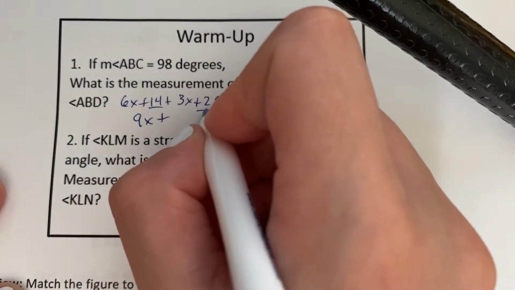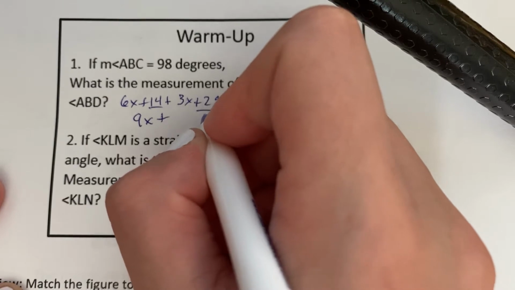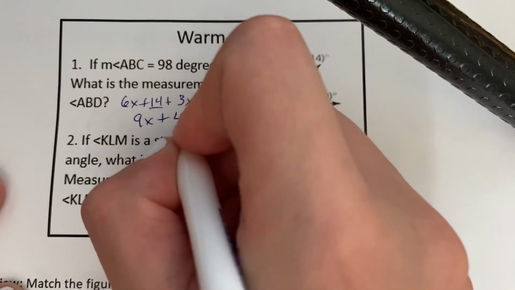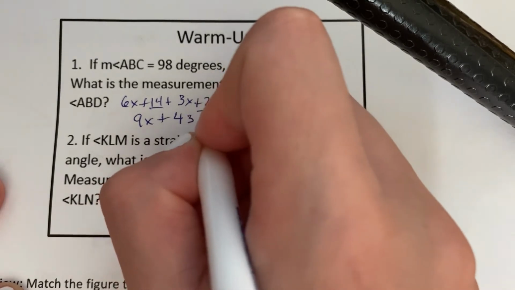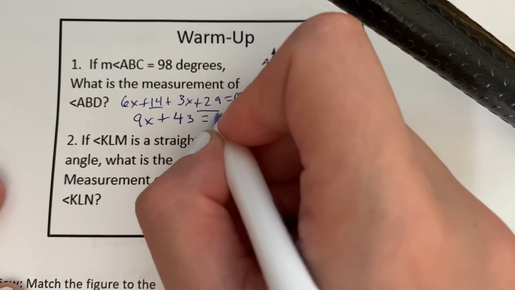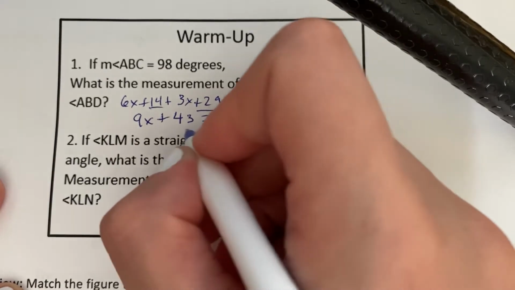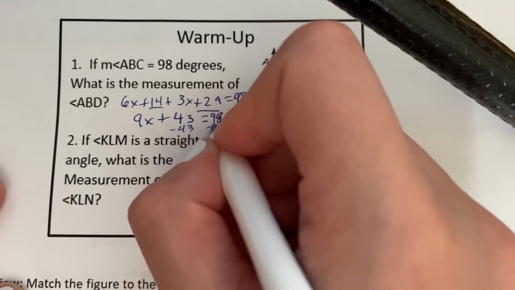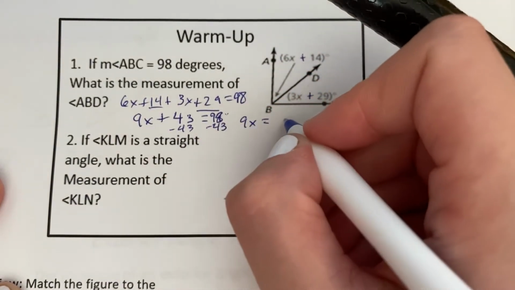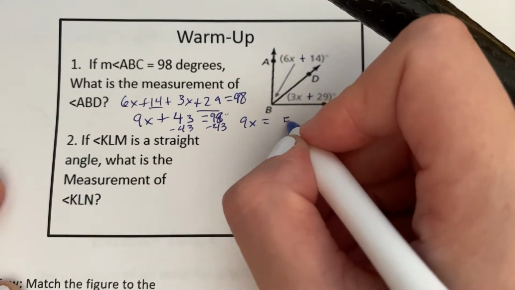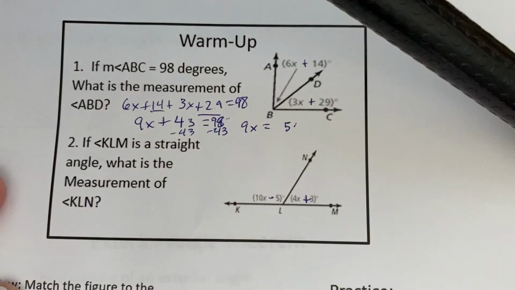Plus, carry over, so that's 43. Yeah, 43. All right, I tried to do it in my head. And then I'm gonna subtract the 43 on either side. I get 9x is equal to 54? No, 55.